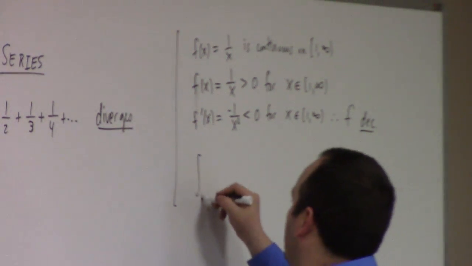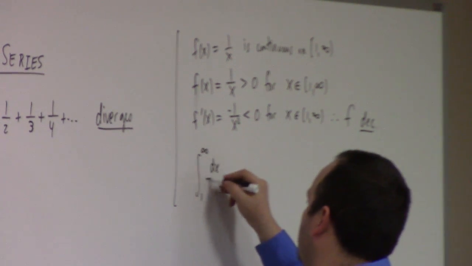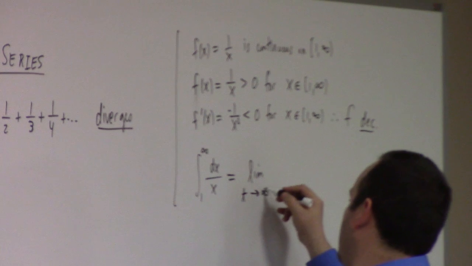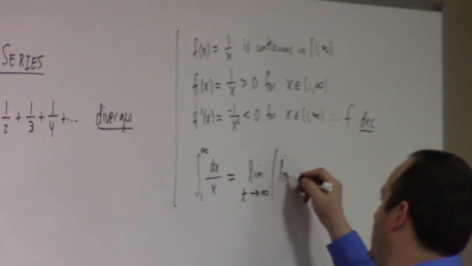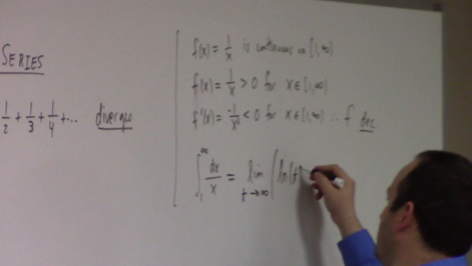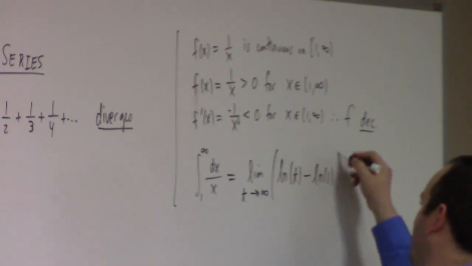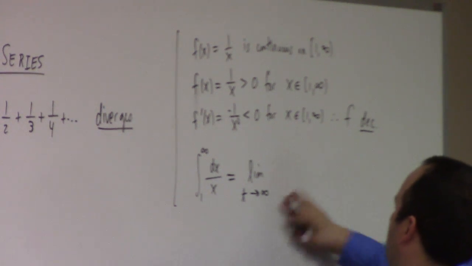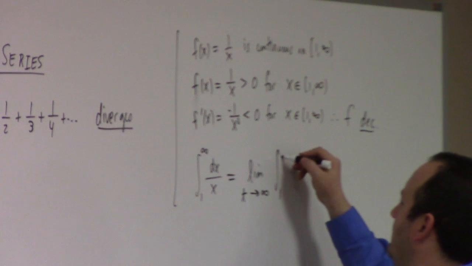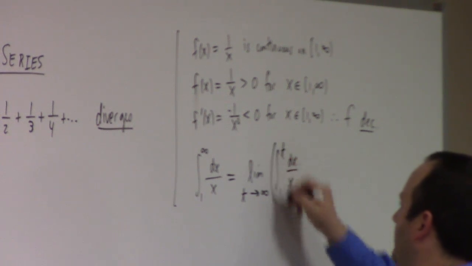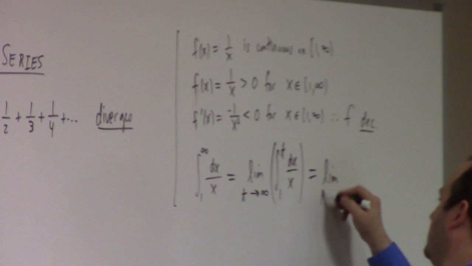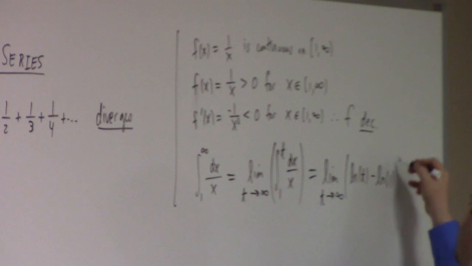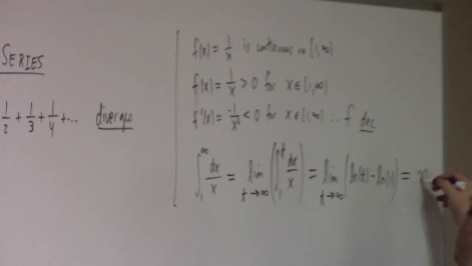So the integral from 1 to infinity of dx over x is what? Oh, I'm sorry, I tried to put an in-between step in here. Sorry about that. It's the limit as t goes to infinity of the integral from 1 to t, which works out to the limit as t goes to infinity of ln t minus ln of 1, which is otherwise known as infinity.